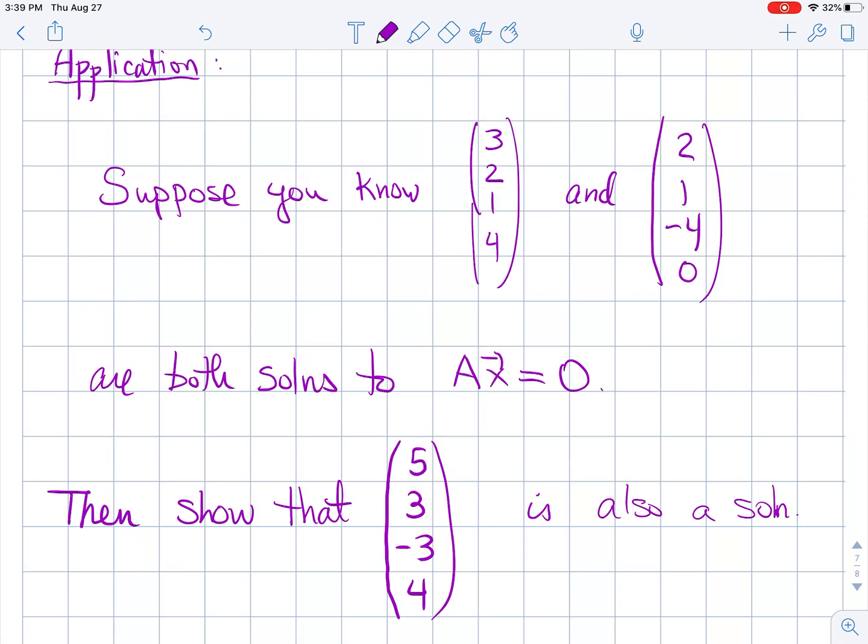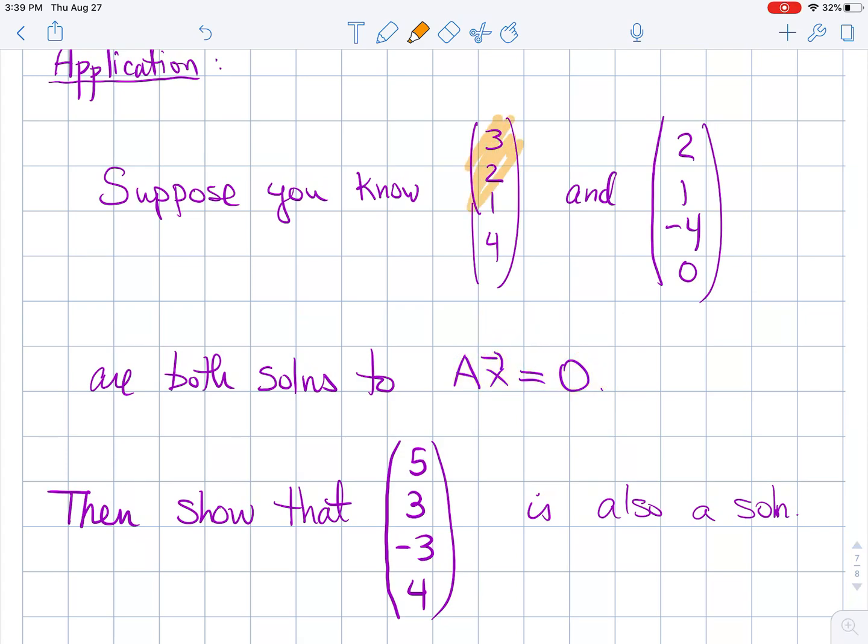So suppose that you were solving a system of equations, this system down here. You had some matrix, maybe it had a bunch of entries, and you were trying to solve A times X equals 0. And suppose that you had already found two solutions.